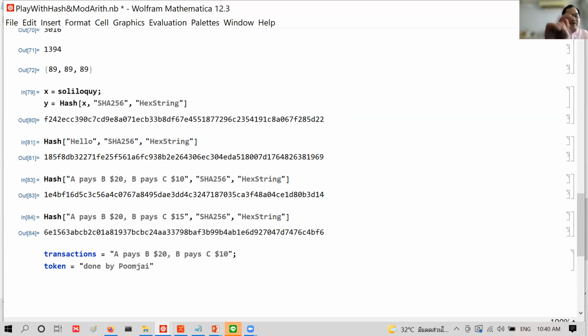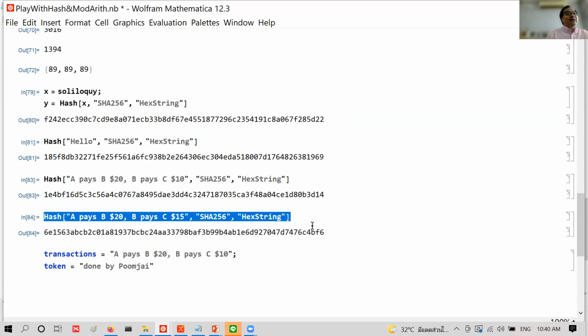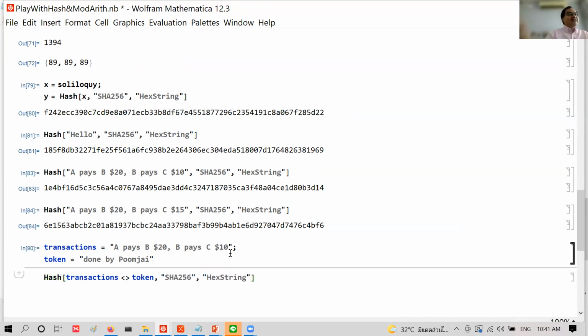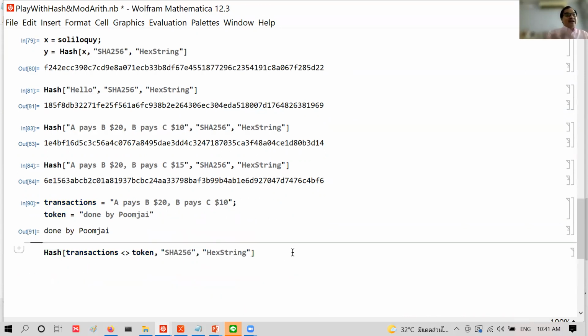Just something like that, right? And then I do this: hash of transaction and token. I get this.